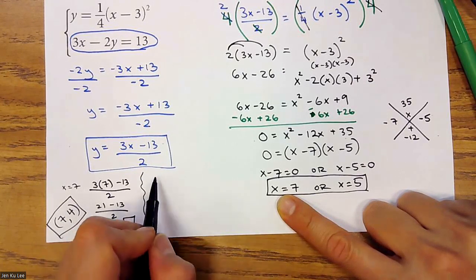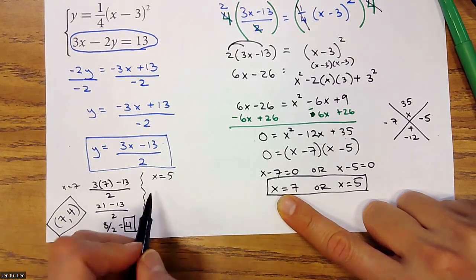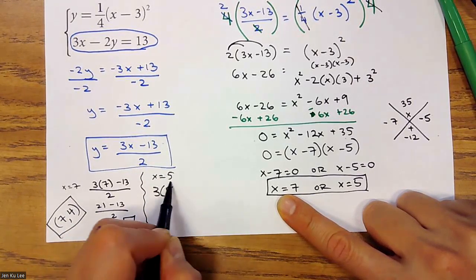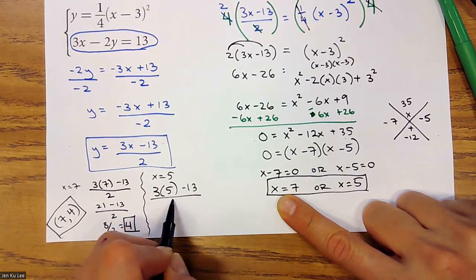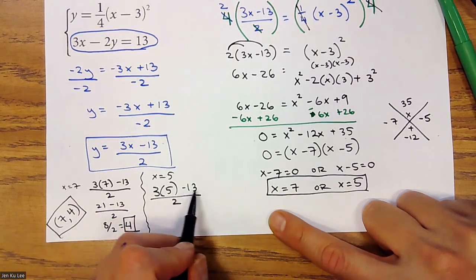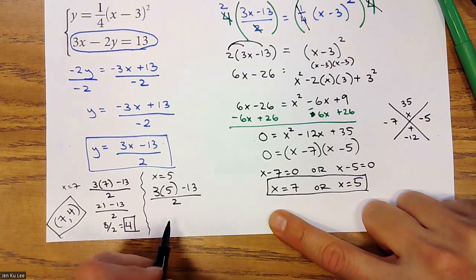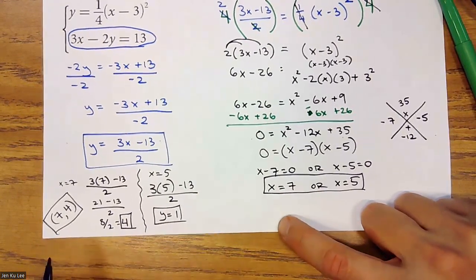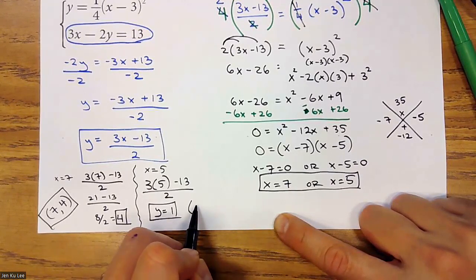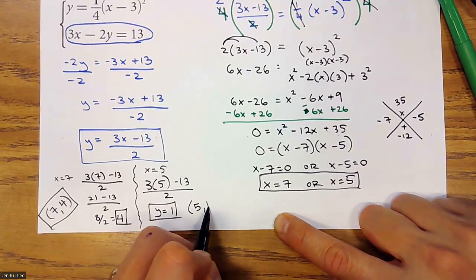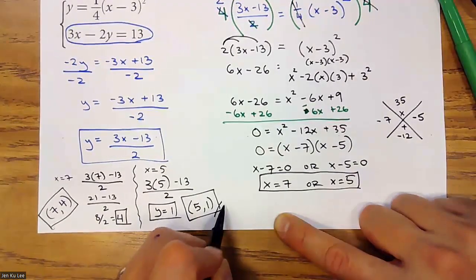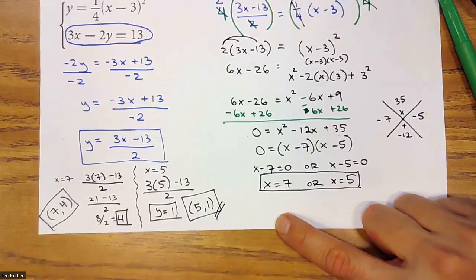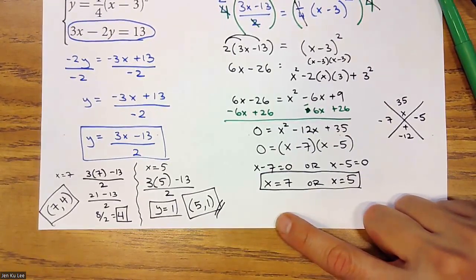And if x is equal to 5, then that's 3 times 5 minus 13 divided by 2. 15 minus 13 divided by 2. That is 2 divided by 2, which is 1. So y is equal to 1. Right? So my coordinate here would be 5, 1. That makes sense?